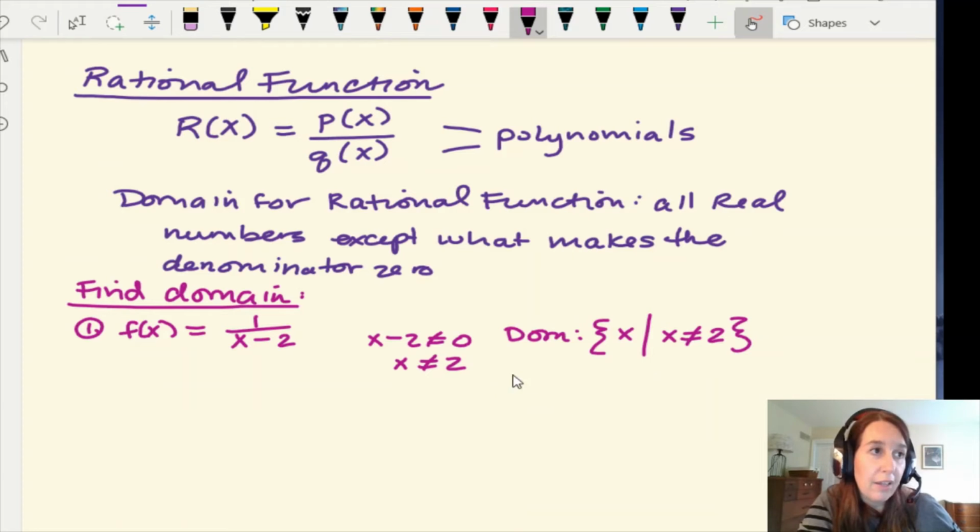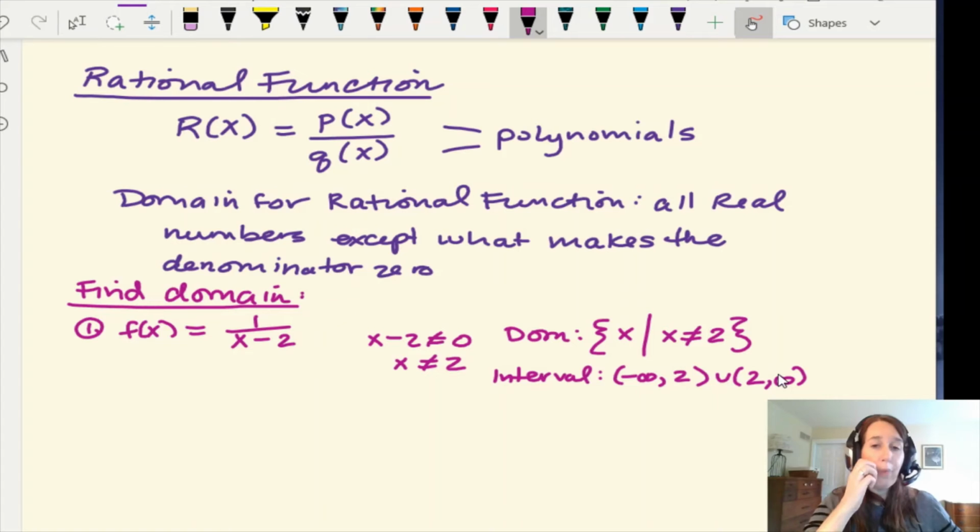I like the interval notation better, so the interval notation would just be everything except the number 2. So that's negative infinity to 2 parentheses, union with 2 to infinity. Those are both correct answers. It's just different formats of them.